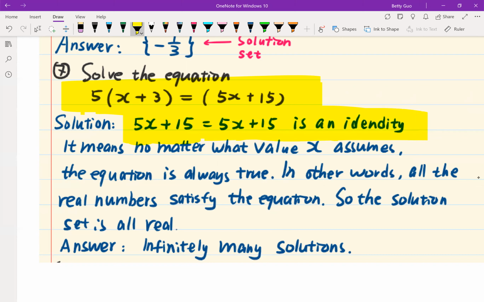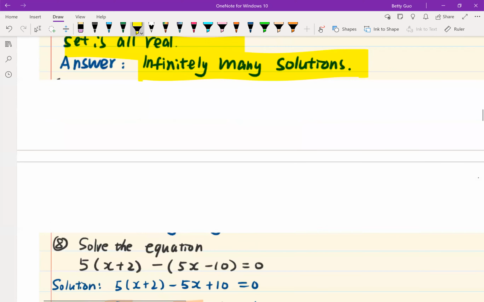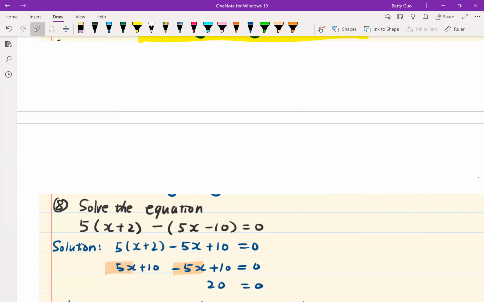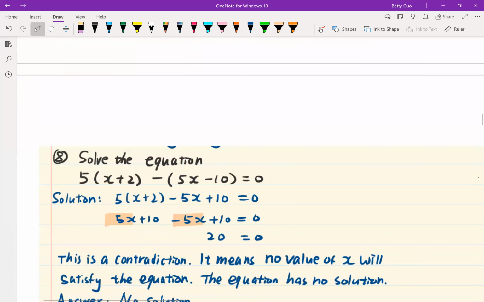That is an identity. Make sure you see why it is an identity, because the left-hand side and right-hand side are exactly the same. Identity has infinitely many solutions. The solution set is all real numbers. I know I'm going a bit fast, but you can always pause or repeat a part.